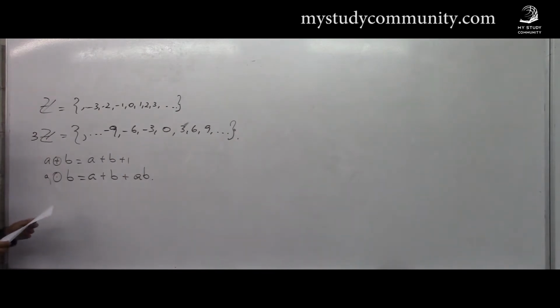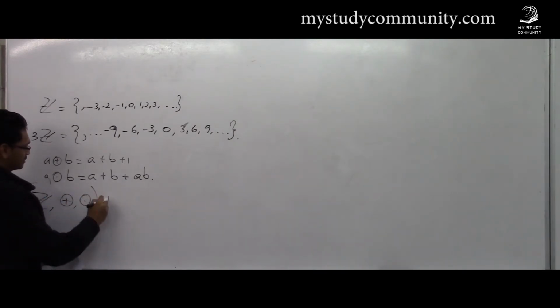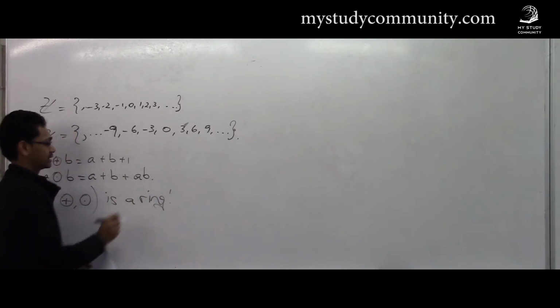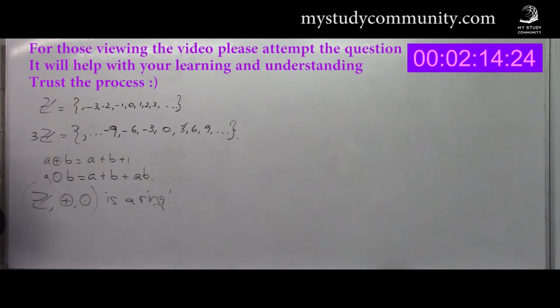Question: show that Z with circle plus and circle dot is a ring. Write down the steps that you would do to show that this is a ring. What would you do? Write it down.